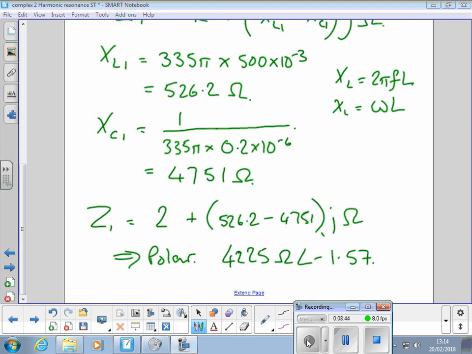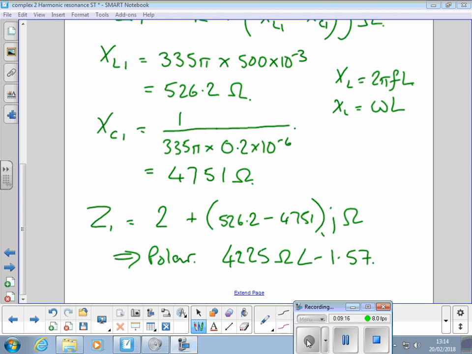Yeah, so having done a bit of calculation, we determined that the overall impedance of the circuit at the fundamental frequency is 4,225 ohms at an angle of minus 1.57 radians. That's what we would expect. We got a lot more capacitive reactance than we have either resistance or inductive reactance. So we're going to expect a steep angle on the impedance.